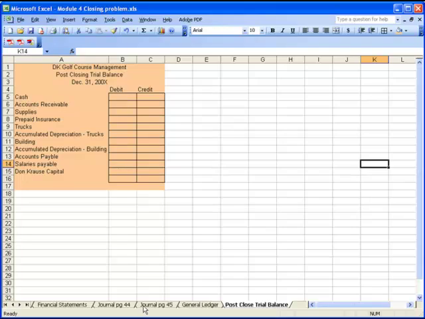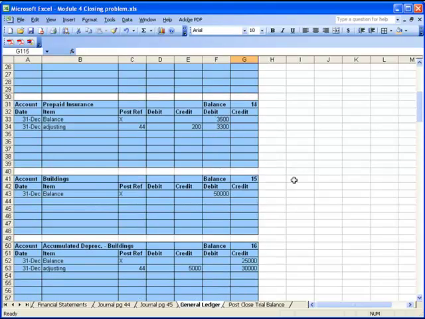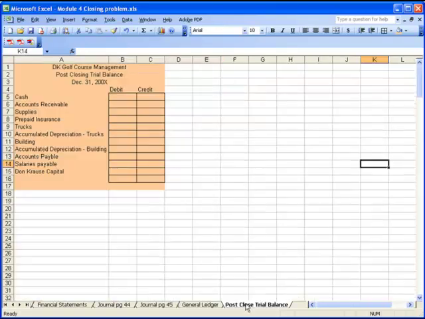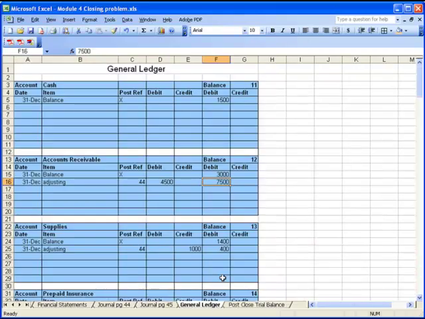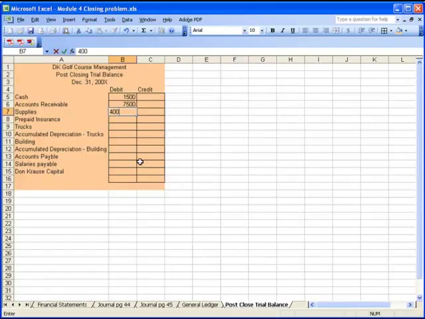And if we just go to the general ledger and we pull out these balances from each of these accounts, at the end of the process, $1,500 in cash, $7,500 in accounts receivable. Our supplies balance from our general ledger is $400 and $3,300 for prepaid insurance.